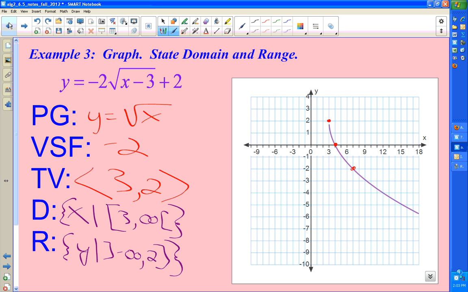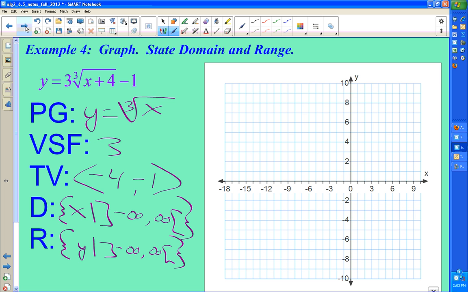Where did we start? Negative infinity. We go up, up, up, and we can't go any higher than 2. The biggest number is 2. So it's negative infinity, 2. On the x's, we start at 3 and keep going to infinity. We just go in least to greatest.